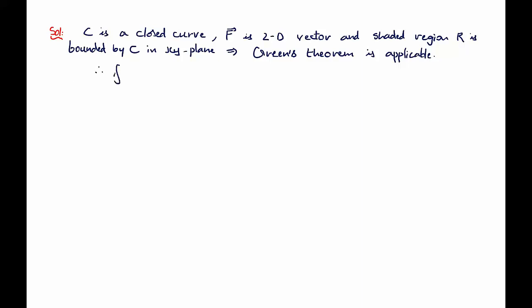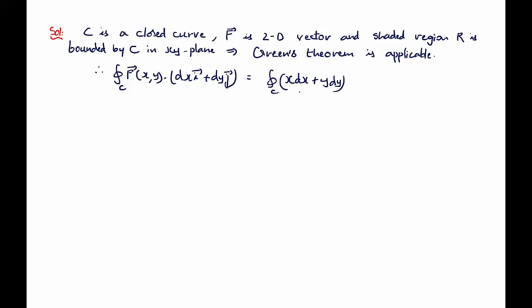Therefore, the integral over C of F of x, y dot (dx i plus dy j) is equal to the dot product. F of x, y is given as x i plus y j, so this becomes x dx plus y dy.